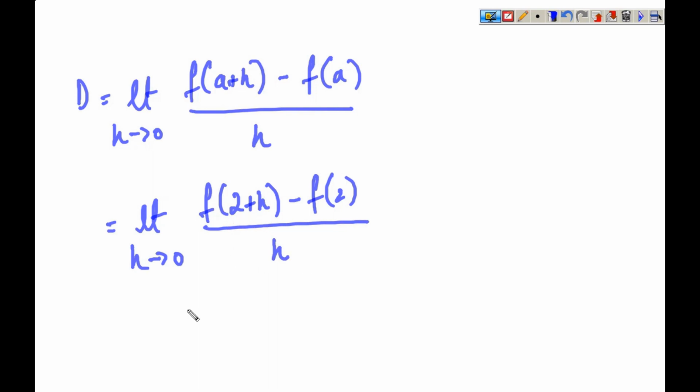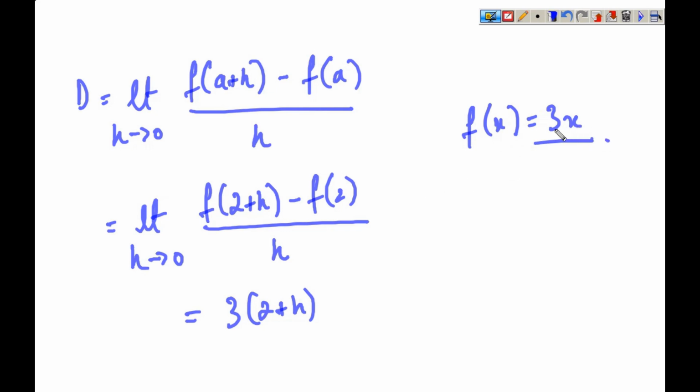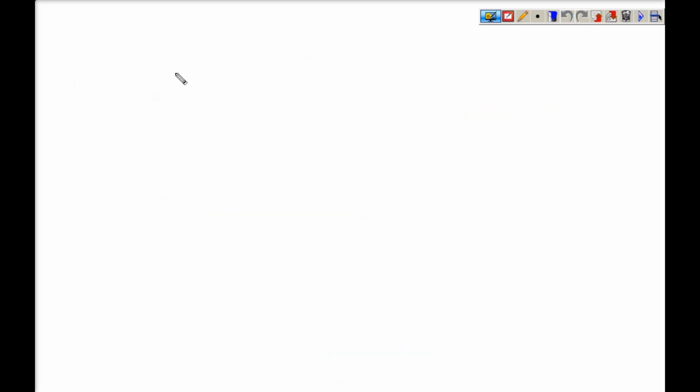So f of 2 plus h will give us 3 times 2 plus h, because f of x is 3x. So we simply substitute 2 plus h in place of x, and 2 in place of x. So we have minus 3 times 2, divided by h.